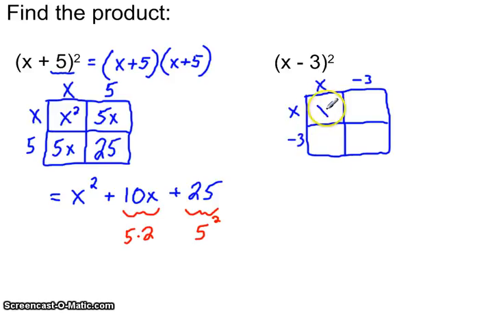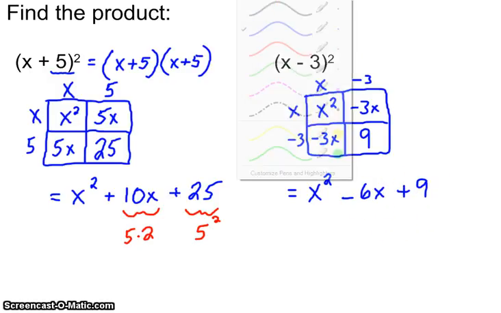X times x is x squared. X times negative 3 is negative 3x. Same thing down here. And negative 3 times negative 3 gives me positive 9. When I combine my like terms, the negative 3x and negative 3x, I end up getting x squared minus 6x plus 9.